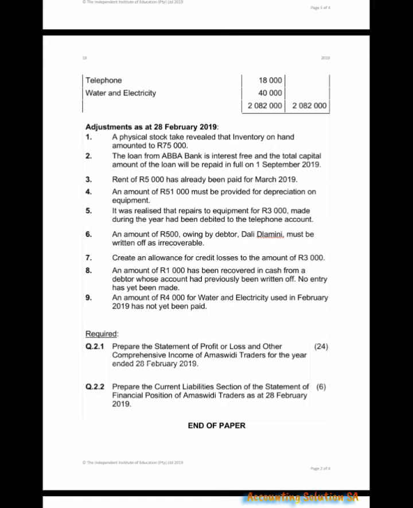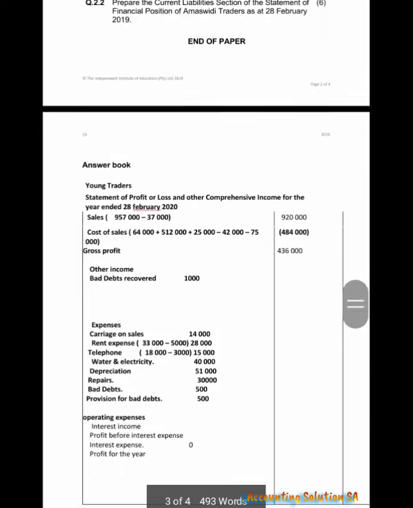As long as the expense has been incurred, we have to record it and make sure that our income and expenses are recorded for 12 months. So we have to go and edit water and electricity so that it will be 12 months.